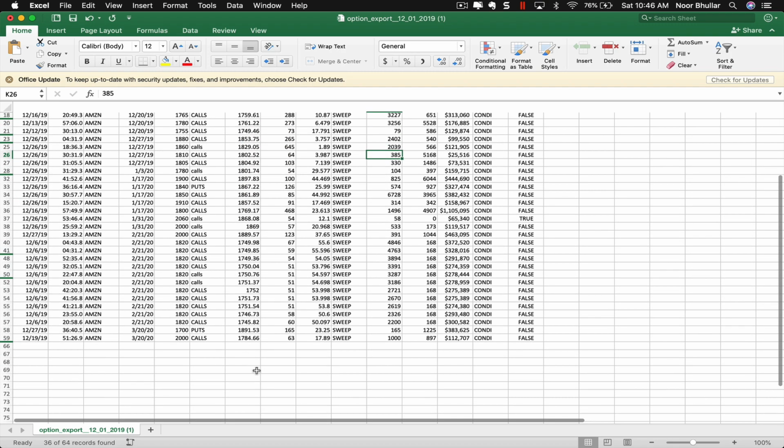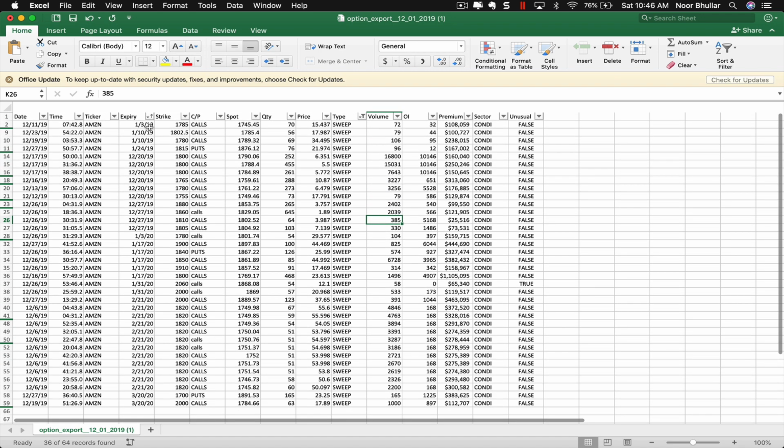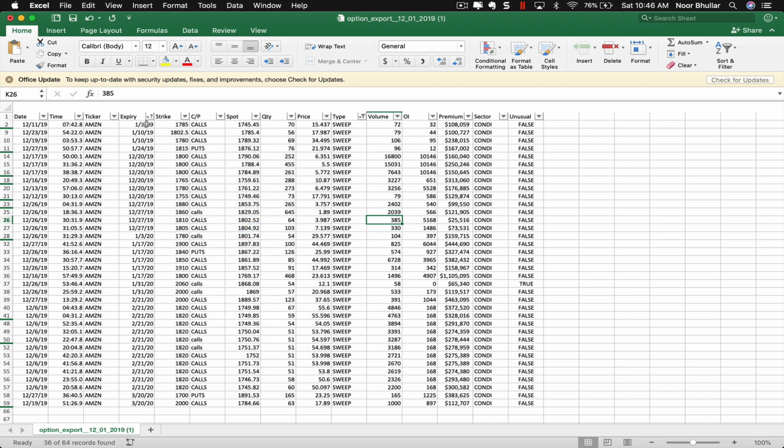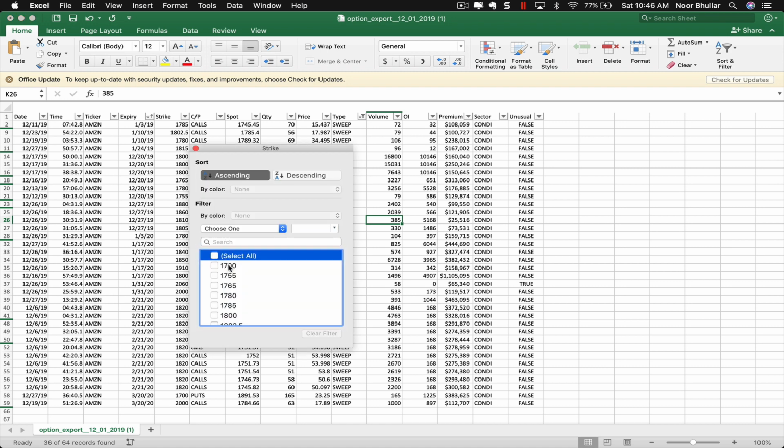Now, something that I found interesting was, look at the expiration date of 2/21, and there were a number of these calls that were bought, and they were actually all bought on the same day, 12/6, right? So let's filter this a little bit further and say, just show me the strike price.